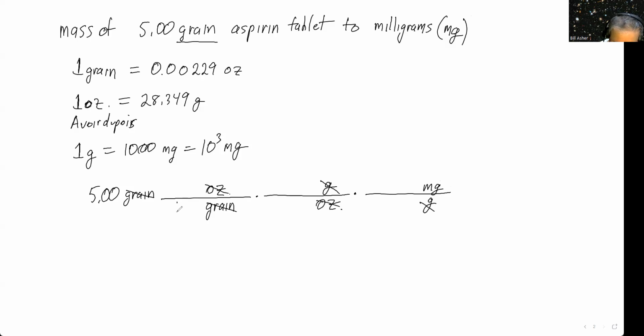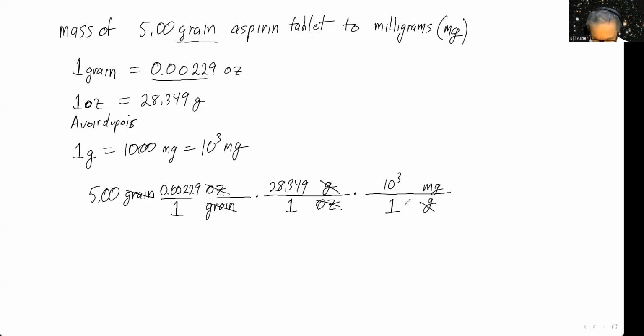So 1 grain is 0.00229 ounces, and these numbers come from my equivalent statement here. And then I've got 1 ounce is equal to 28.349 grams. And then I've got 10 to the third milligrams is equal to 1 gram.